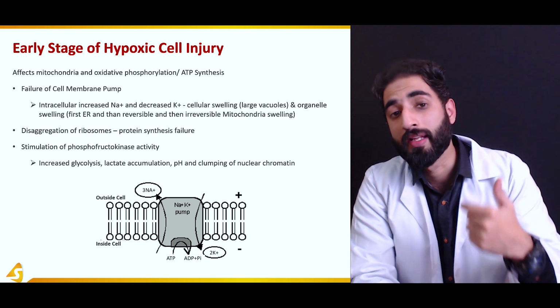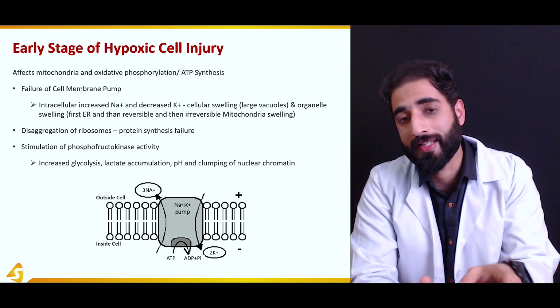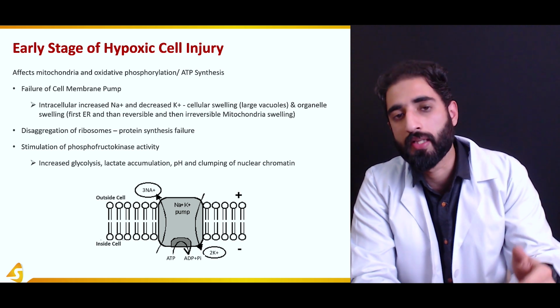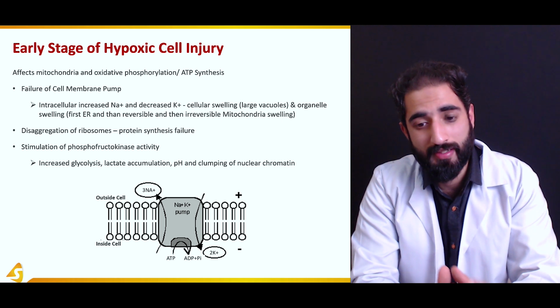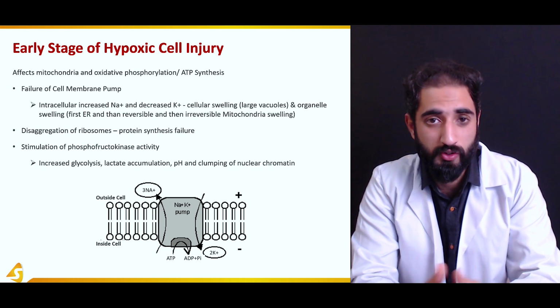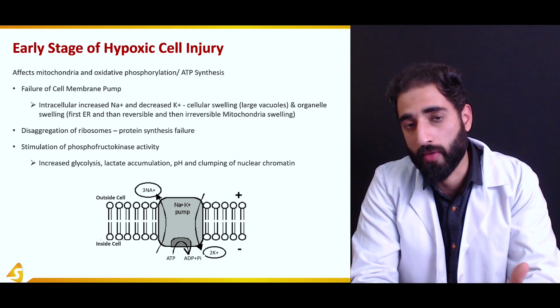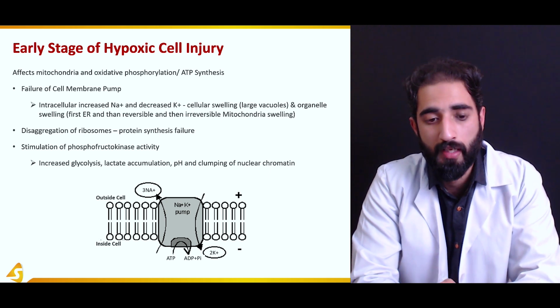This then leads to the swelling of the organelles as well. The first organelle involved in this is the smooth endoplasmic reticulum, which is followed by reversible changes in the mitochondria and mitochondrial swelling, followed by irreversible changes in the mitochondria and mitochondrial swelling as the condition progresses.